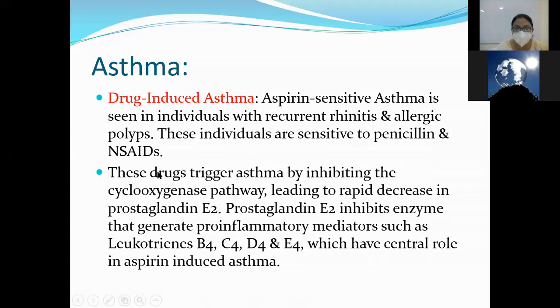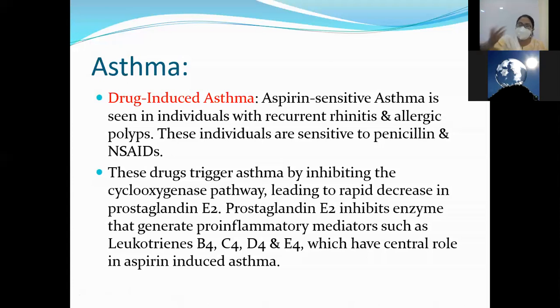Because these drugs, like aspirin, like NSAIDs, inhibit the cyclooxygenase pathway, which leads to a rapid decrease in prostaglandin E2 level. Okay, these drugs decrease the cyclooxygenase pathway by decreasing the prostaglandin E2 level, and this prostaglandin E2 inhibits the enzymes that generate the pro-inflammatory mediators such as leukotriene B4, C4, D4, and E4, which have a central role in aspirin-induced asthma.